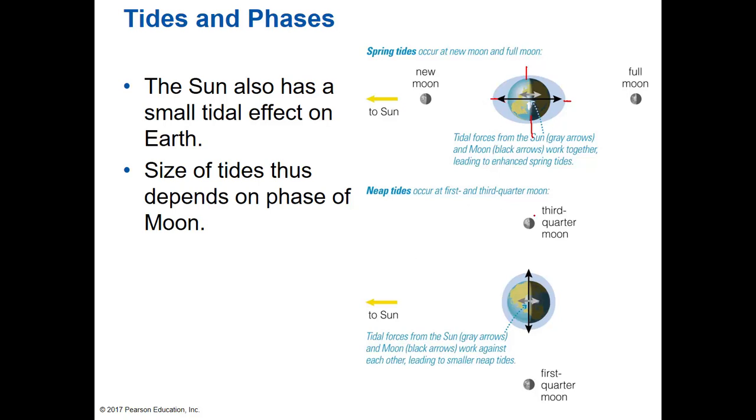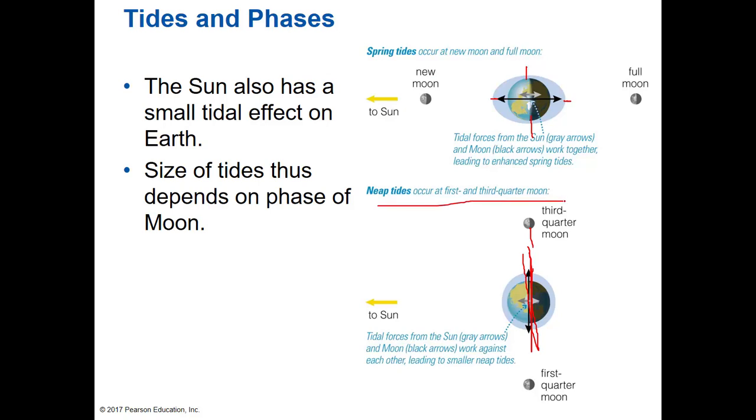But when the Moon and the Sun are at 90 degrees, for example in this figure, the gravitational force due to the Moon is more than that of the Sun, so you'll see the tide effect along this direction. Compared to this particular orientation, this orientation has a weaker tide. This is called the spring tide and this is called the neap tide.